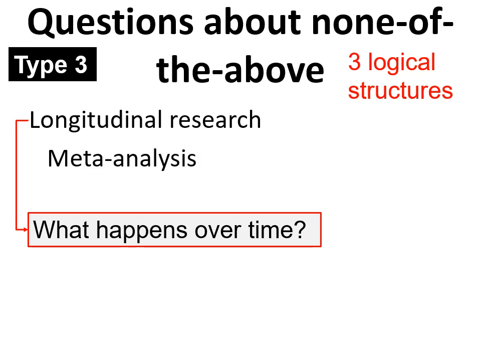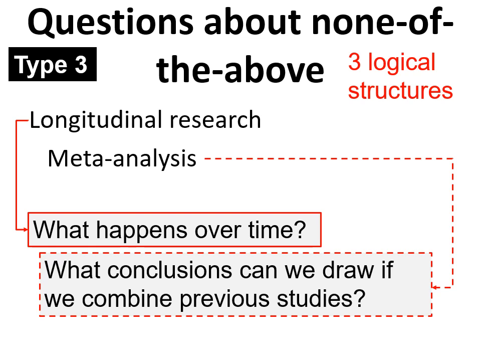There's something called meta-analysis, which gets at, what conclusions can we draw if we combine previous studies. You're not going to do this for Peterborough, and in fact, it requires usually quantitative studies. So this doesn't happen much in geography and tourism studies because the kinds of quantitative analysis that takes place in the previous studies has to be similar enough that you can compare them.